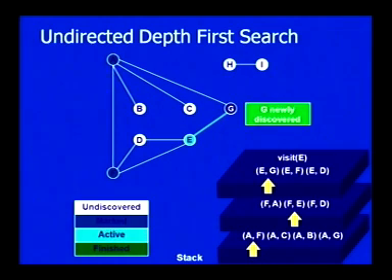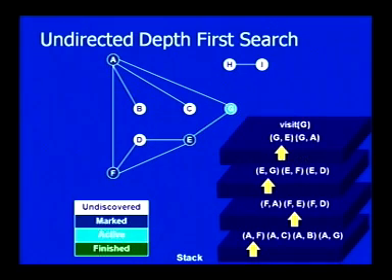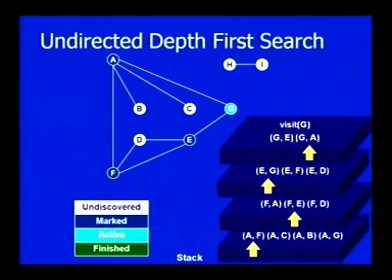Now G is the newly discovered node. Again, as usual, DFS forgets the earlier information and jumps to G. G has neighbors A and E. E is already read, so it is already marked, and you do not mind that node now.